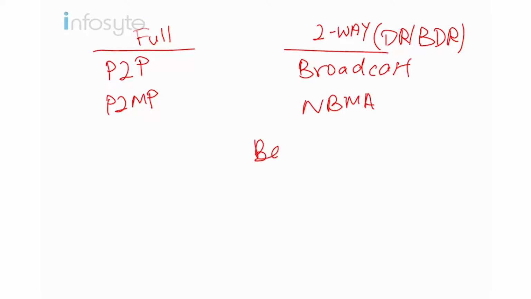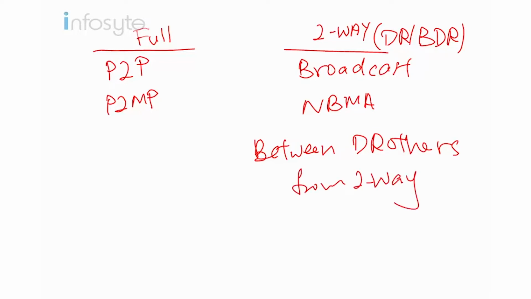Between DROthers will form a two-way state.